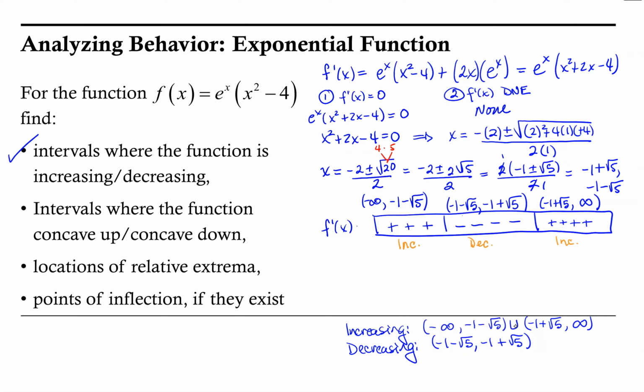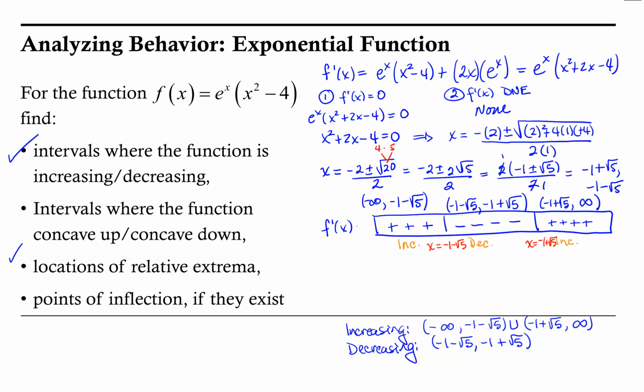Now it is possible from that to identify locations of relative extrema. Recall we had two critical points. One critical point was here at -1 minus square root of 5, and another critical point was here at -1 plus square root of 5.